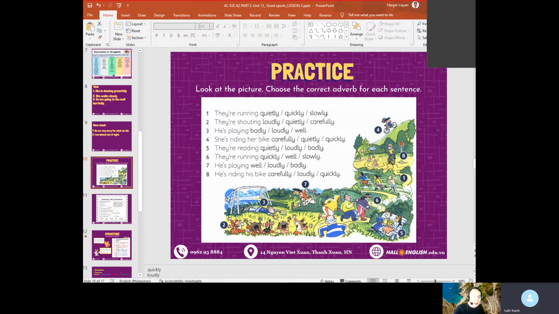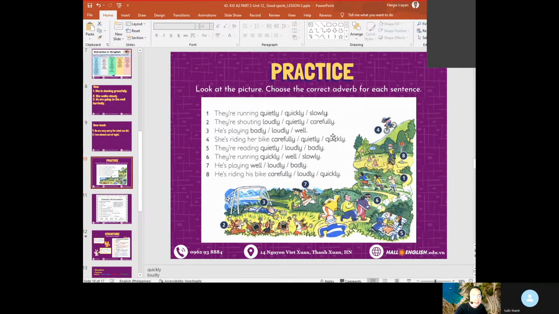He's playing well. Okay, very good. Number eight. Picture number eight is here. He's riding his bike. Is it carefully, loudly, or quickly? Carefully. Okay.